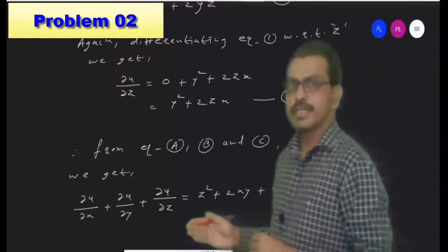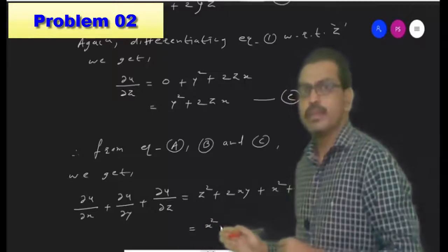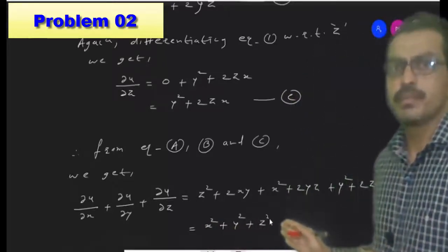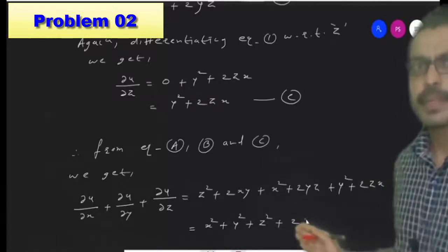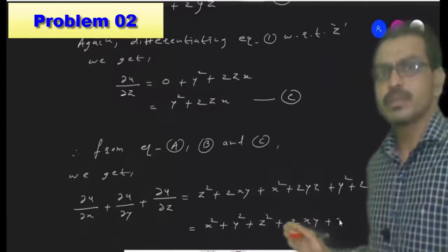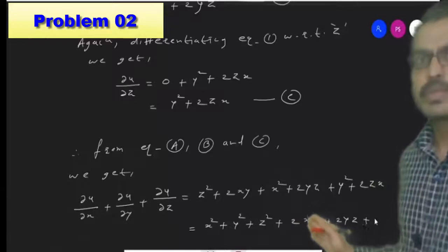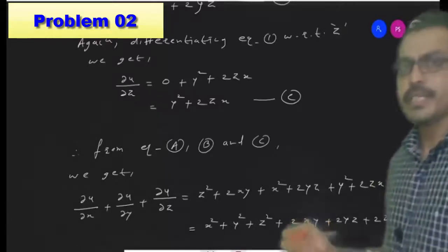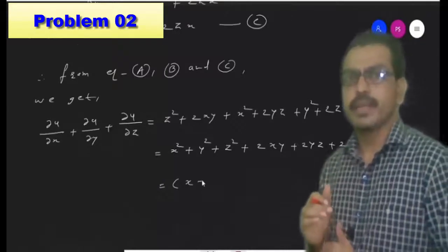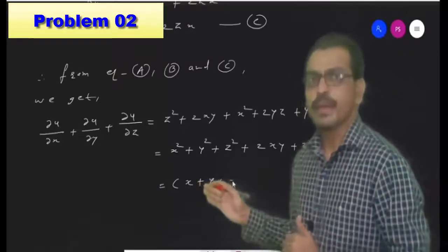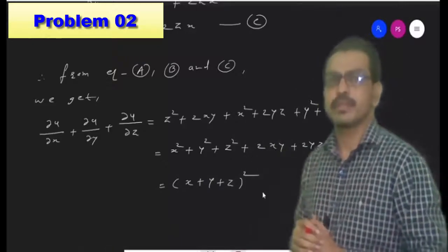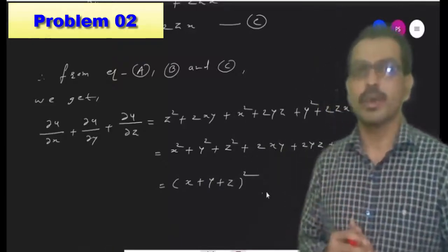Then this is equal to x² + y² + z² + 2xy + 2yz + 2zx, which is equal to (x + y + z)². This is the required solution of this problem.